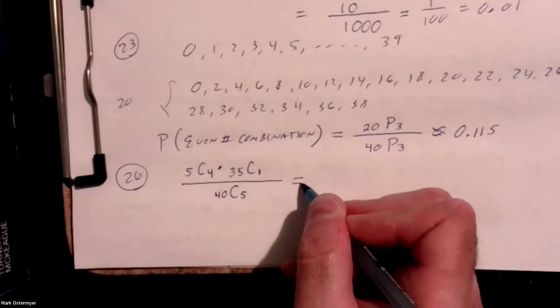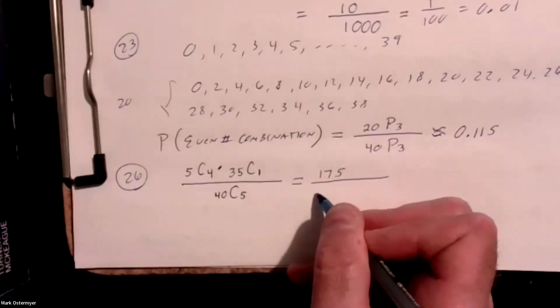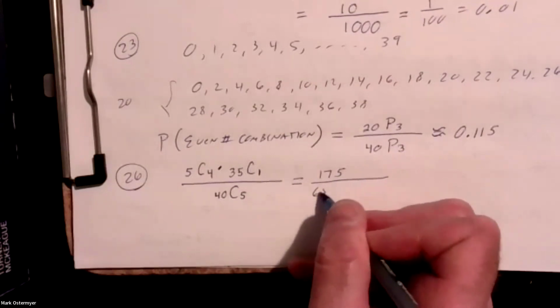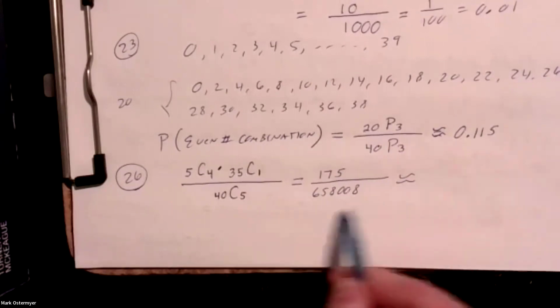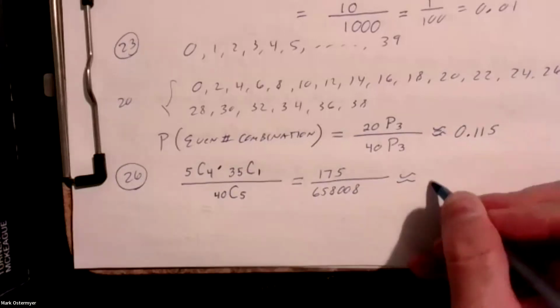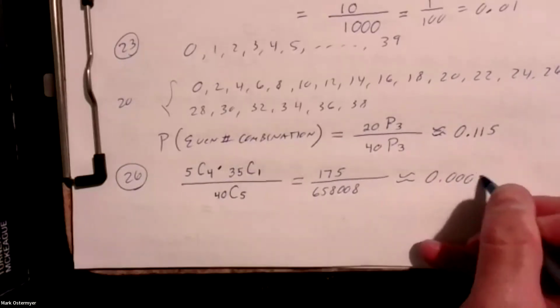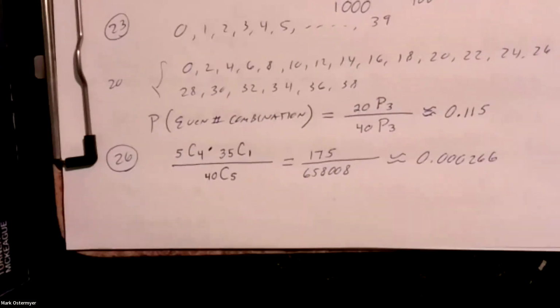If you buy 1 ticket, your probability of winning is small. It's 175 over 658,008. Can anybody dial it up as a decimal for me right now? Tell me what that is in decimal. That's small: 0.000266. And if you buy 5 tickets, what's your probability of winning?